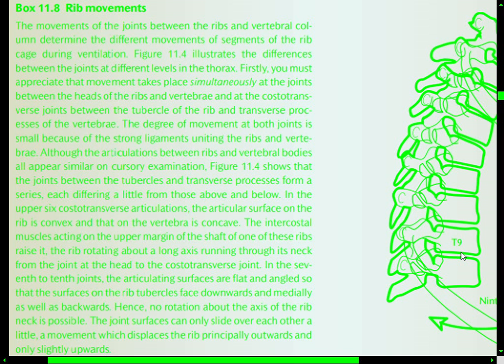The degree of movement at both joints is small because of the strong ligaments uniting the ribs and vertebrae.